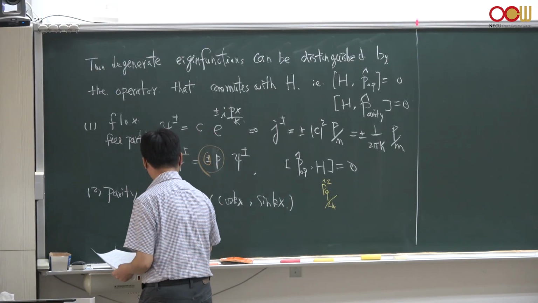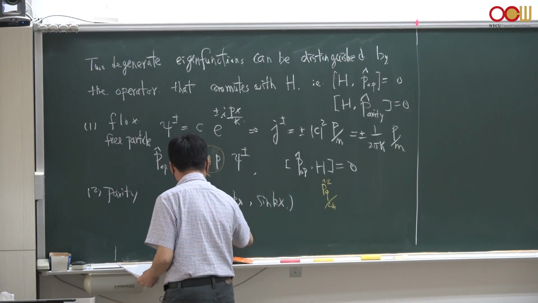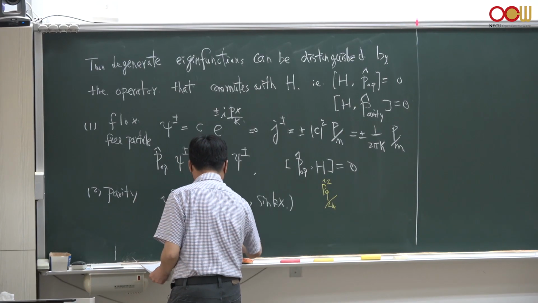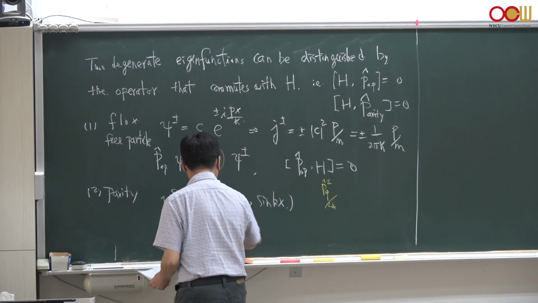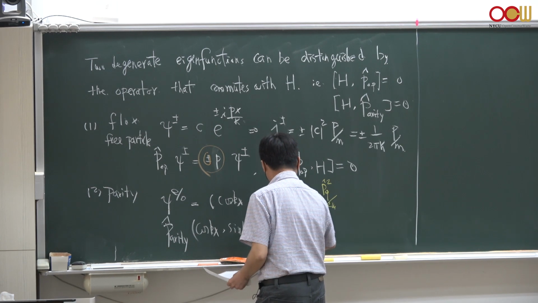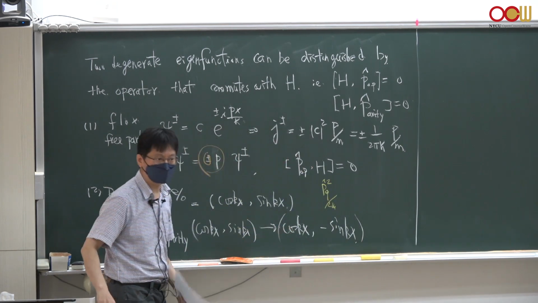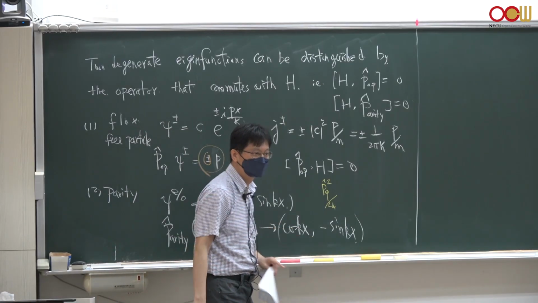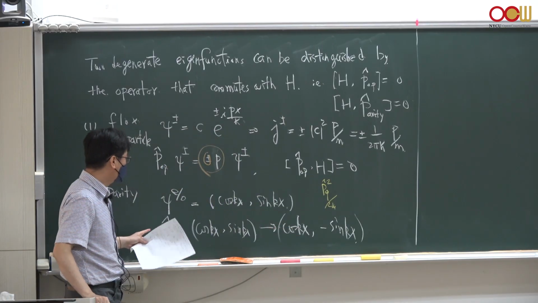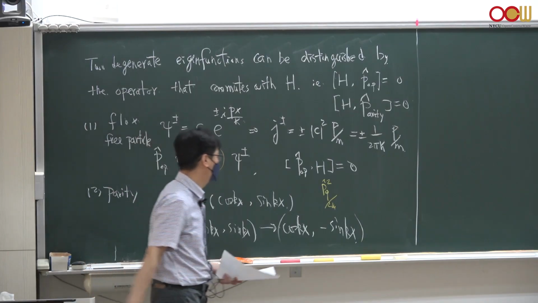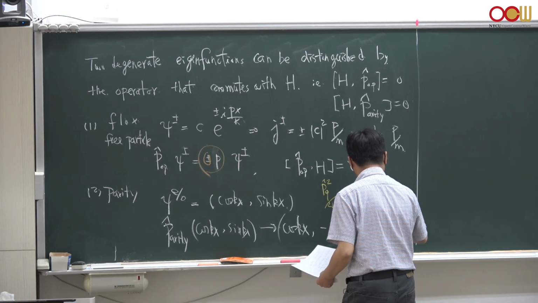Because the parity acting on this cosine and sine will lead to two different results. For cosine, it doesn't change sign. For sine, it changes sign. But the reason why we could do this is precisely because the parity operator commutes with the Hamiltonian.